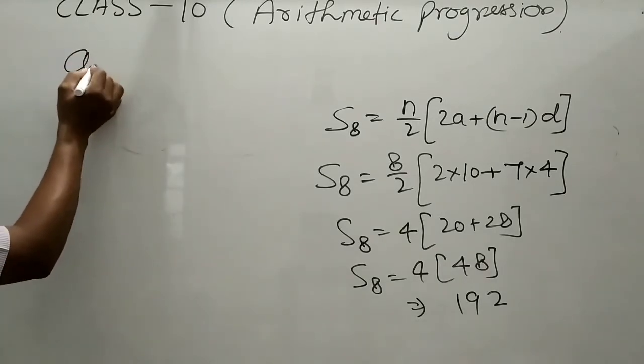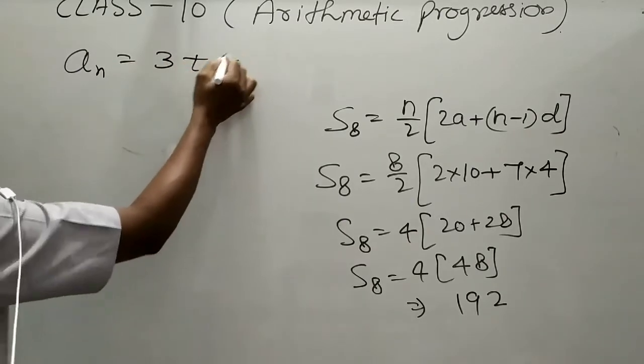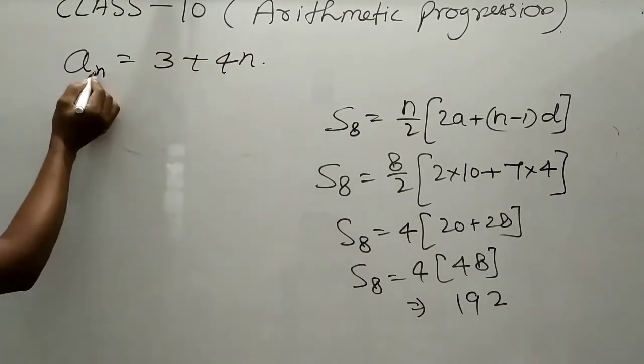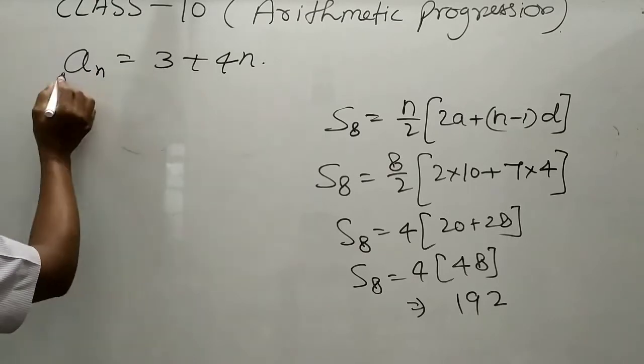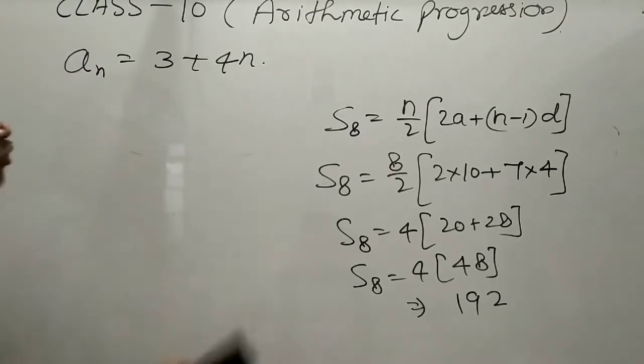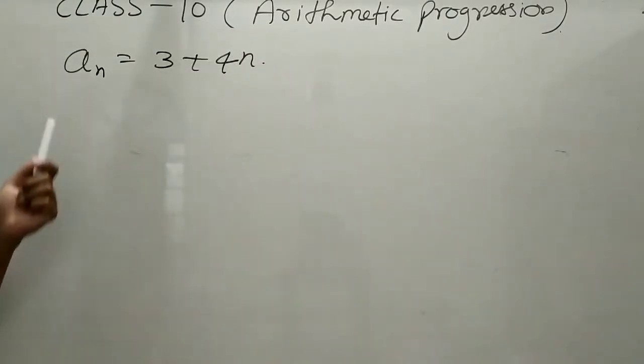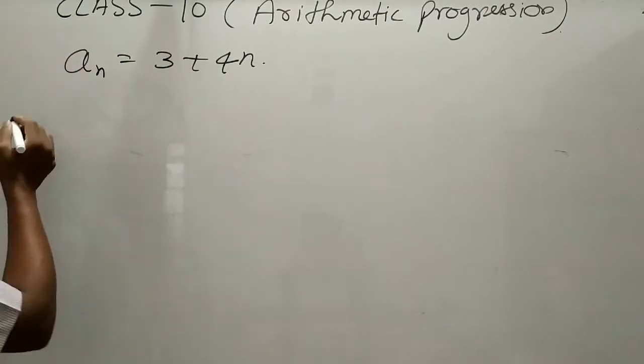An is equal to 3 plus 4n. I told you, you can write an or tn. In this question the an is written. Nothing to worry, you use it simply as tn, the nth term.